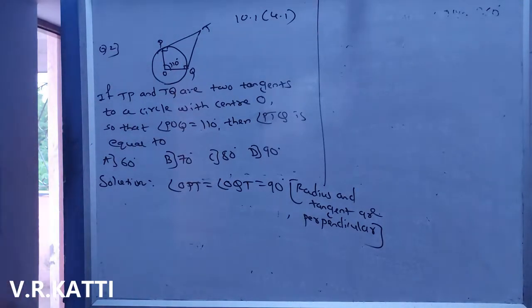Students, the sum of four angles of a quadrilateral is 360 degrees.